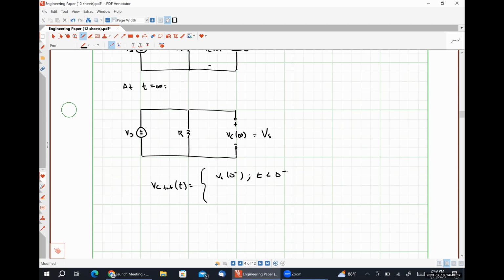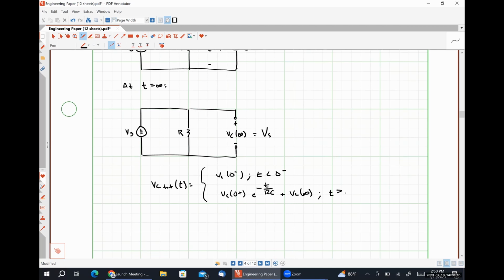I'm going to give myself some room here because there is intentionally a mistake here that I want to talk about. So VC at 0 plus e to the negative t over RC plus VC at infinity for t greater than 0 plus, right?